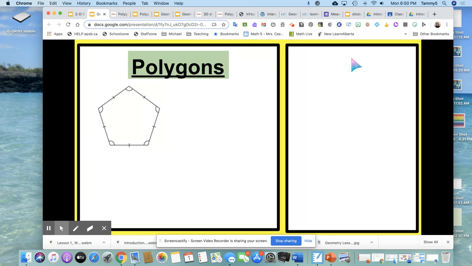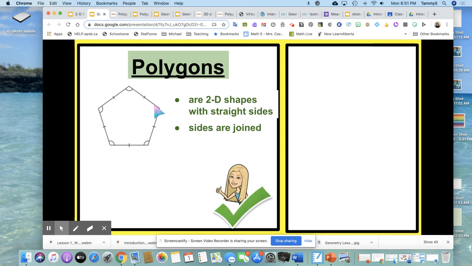Let's take a further look. This example is a 2D shape with straight lines, and the sides are joined. We actually call this type of polygon that has equal length sides a regular polygon. You can also see polygons that have different lengths of sides that are joined together.